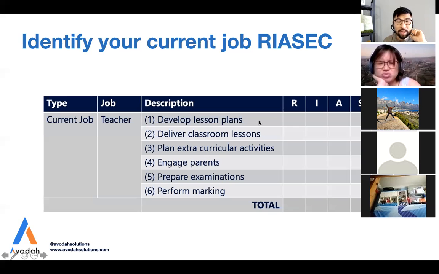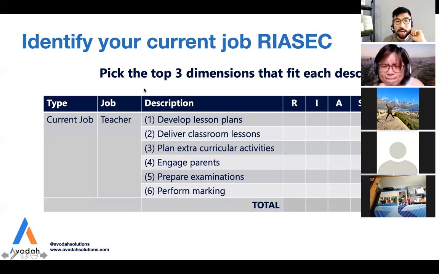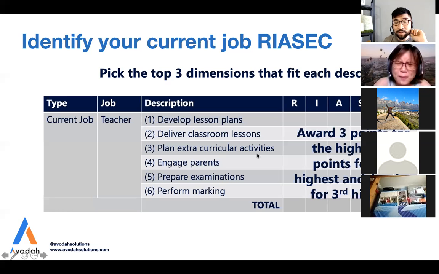Someone developing lesson plans, which RIASEC codes would be applicable? You need to pick the top 3 dimensions that fit each description, and then award 3 points for the highest, 2 points for the second highest, and 1 point for the third highest.